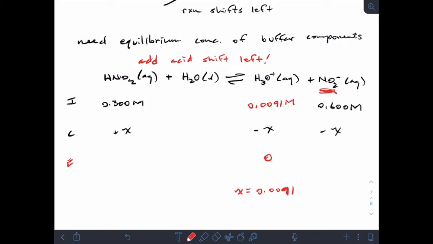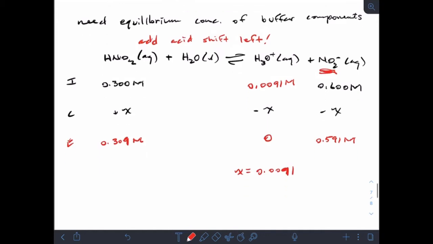So I can calculate my equilibrium line as 0.309 molar HNO2 and 0.591 molar base. So all of the acid gets neutralized. That's why we end up with 0 for the H3O+.